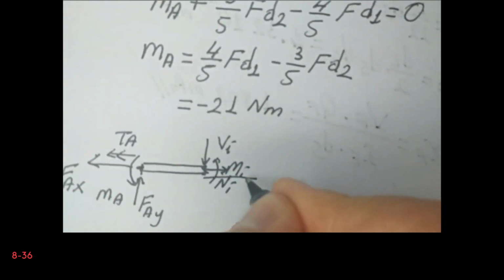We have the bending moment MI, and then we have the normal force NI, and certainly at this particular cross location we have the internal torque TI.